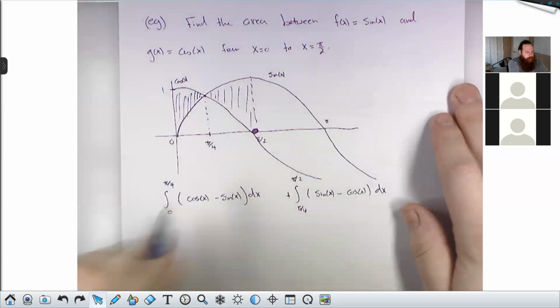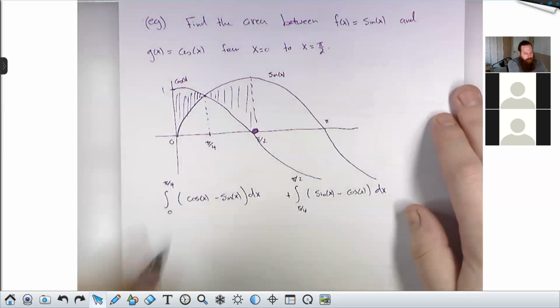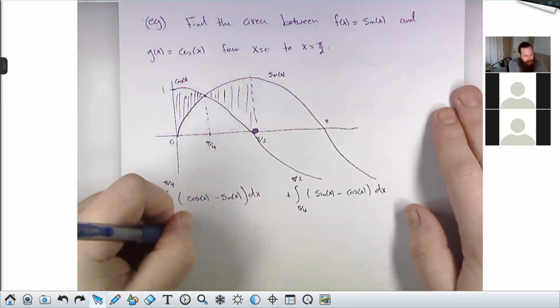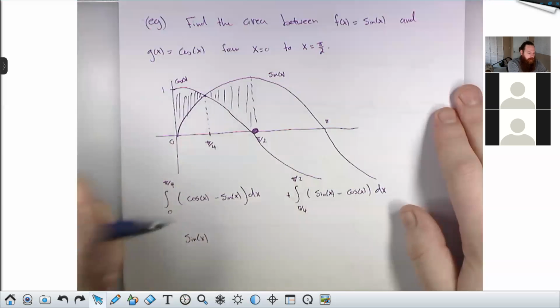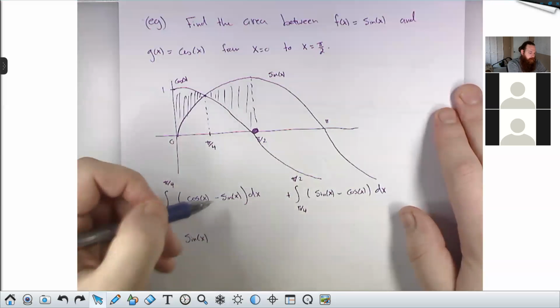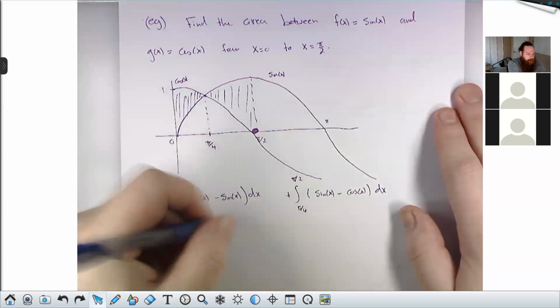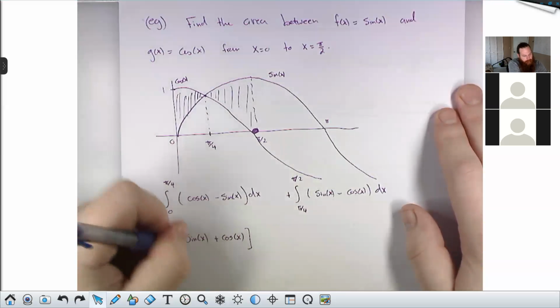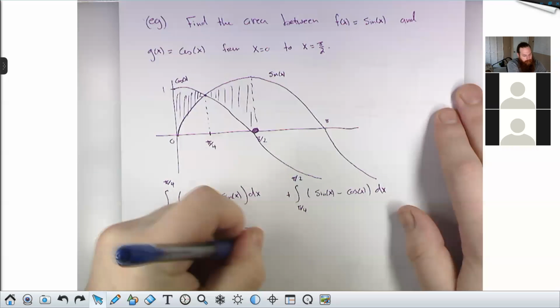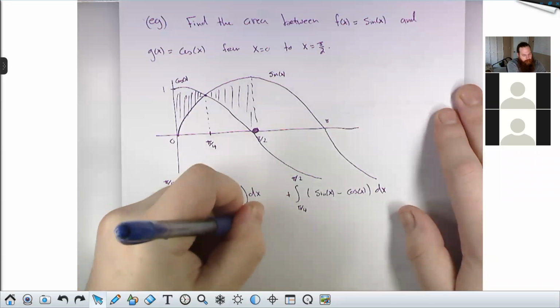An antiderivative for cosine, a guy who differentiates to cosine, that's sine, minus a guy who differentiates to sine, well, that's negative cosine, and the two minuses will make a plus. And we evaluate that from 0 to pi over 4.